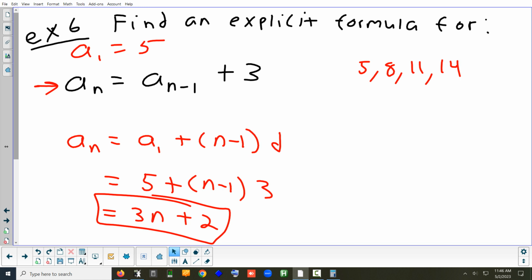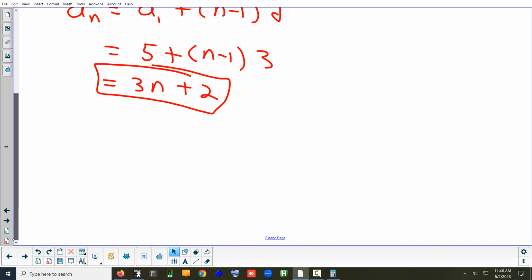No. But if you check it and it works for 3 or 4 of them, then you're probably okay. Proving it is a whole other thing. Any question on that one? Okay, so adding each time, that's an arithmetic sequence.